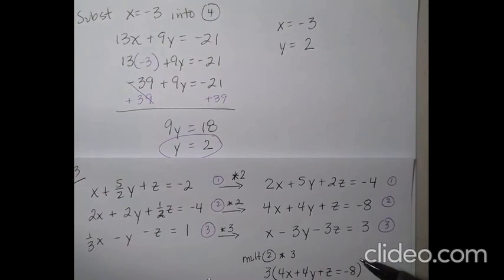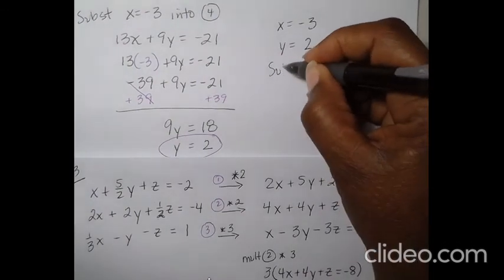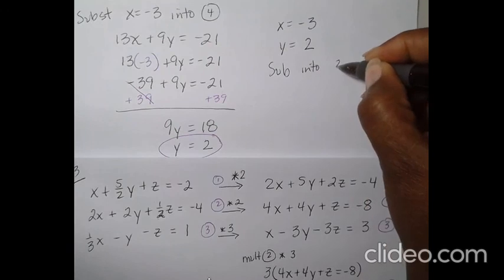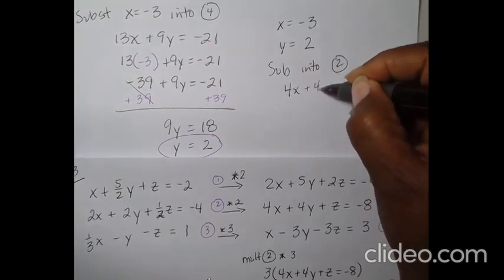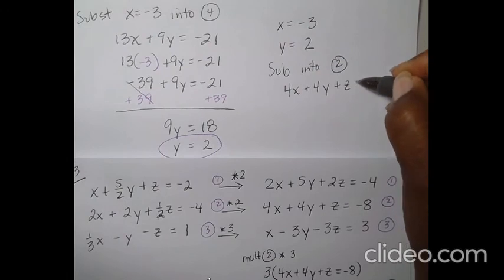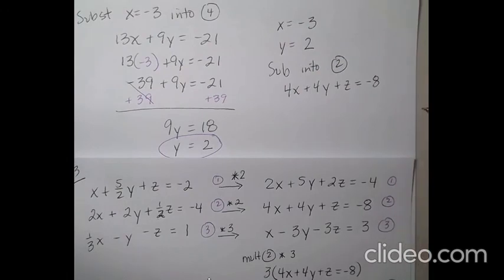One of the best ones probably would be equation 2 because z doesn't have a coefficient here. So let's substitute those into equation 2. Equation 2 is 4x plus 4y plus z equals -8.